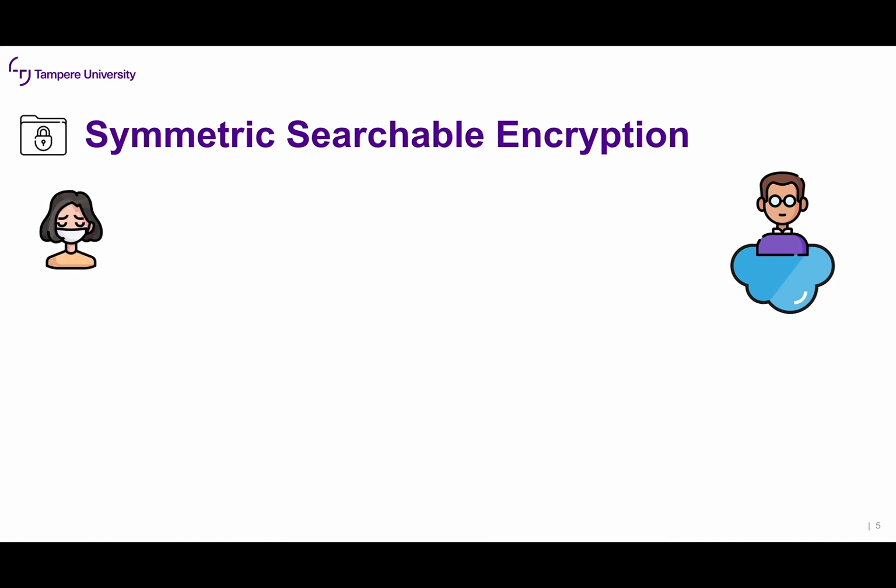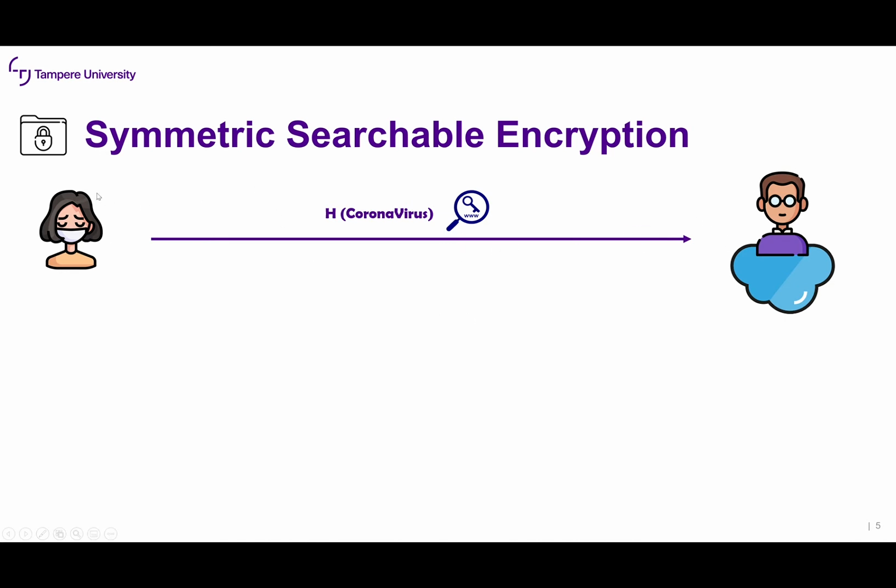So we've got now another user that, let's say, wishes to search over Alice's data. Let's assume that Alice has somehow shared the secret key that was used to encrypt her data with that user. Now, in order to perform a search query, you need to search for a certain keyword, right?